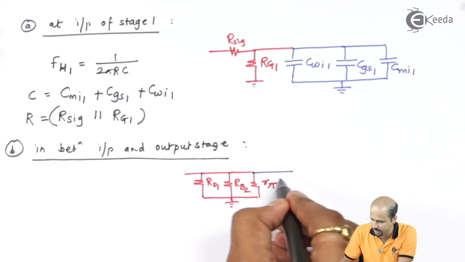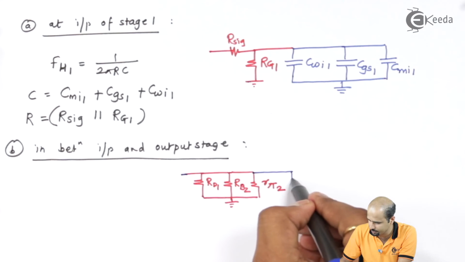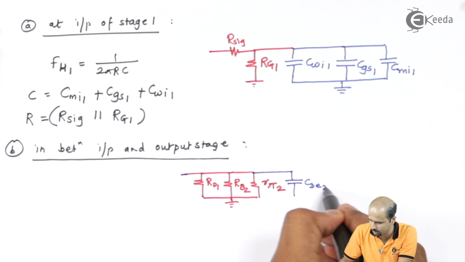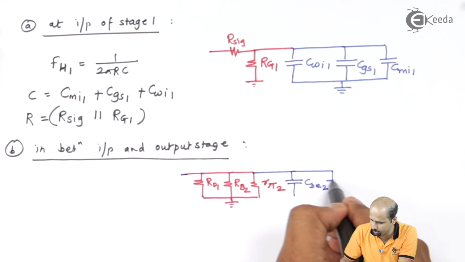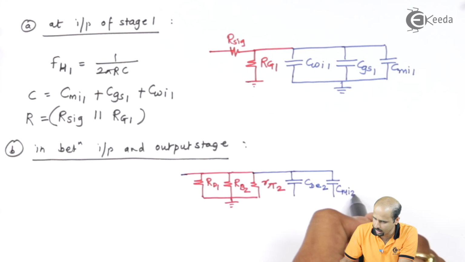First capacitance will be in between the base and the emitter, CBE2. Then we'll be getting the Miller's input capacitance, that is nothing but CMI2.